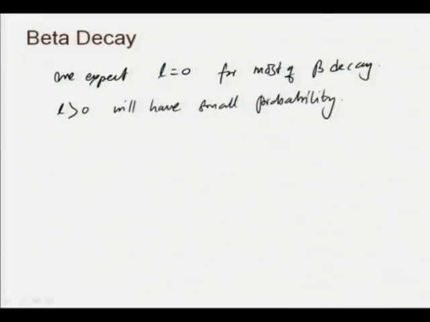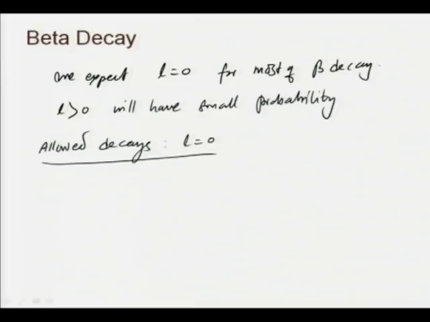Alright, so now if we consider L equal to 0, which is incidentally called allowed decays, meaning L equal to 0, which is the one which is allowed by this one, and the rest of it, L not equal to 0, are called forbidden decays, which actually means that they are less likely to happen, not completely forbidden.